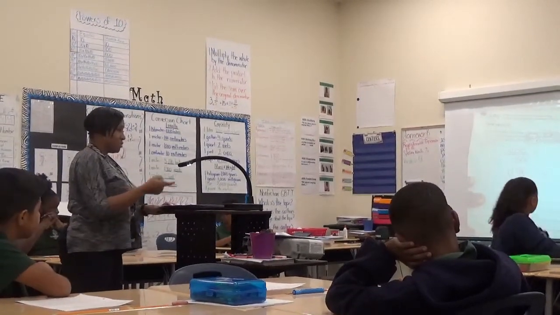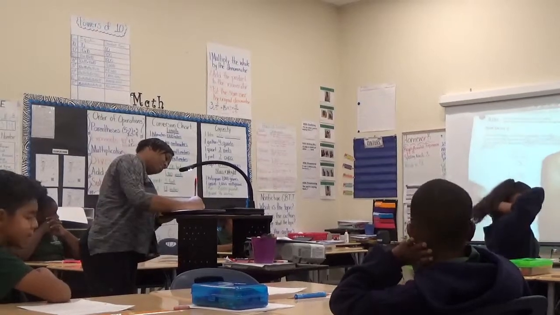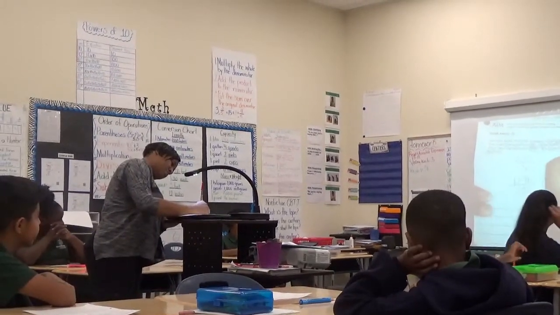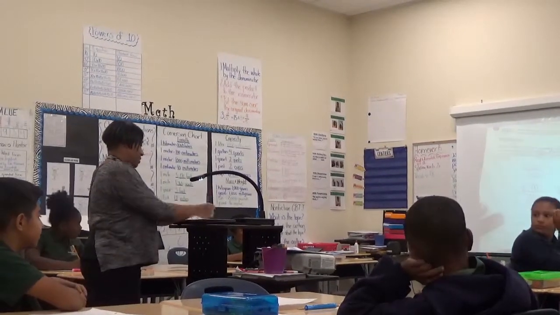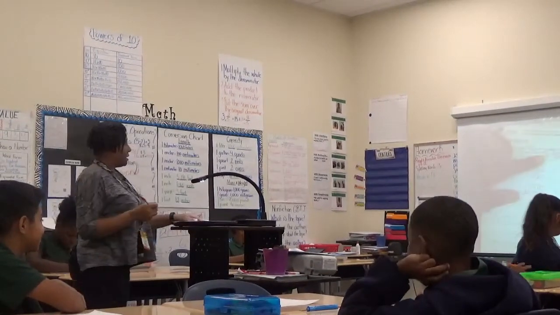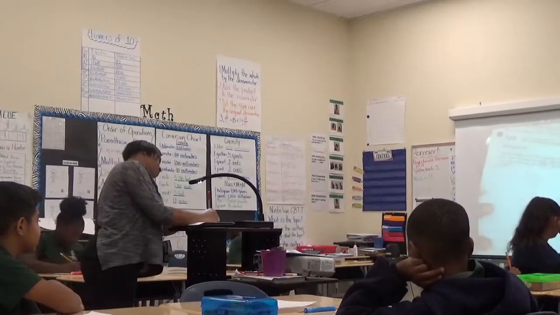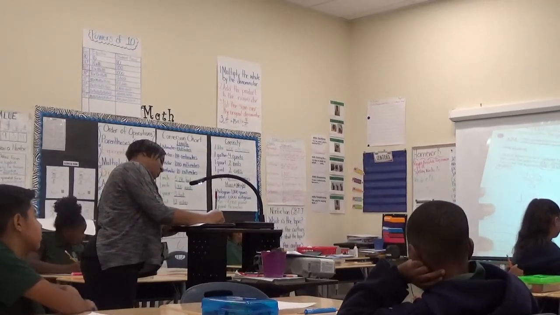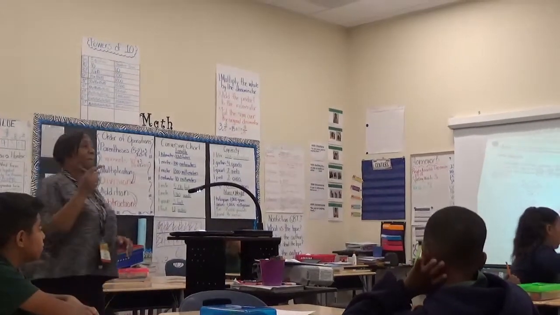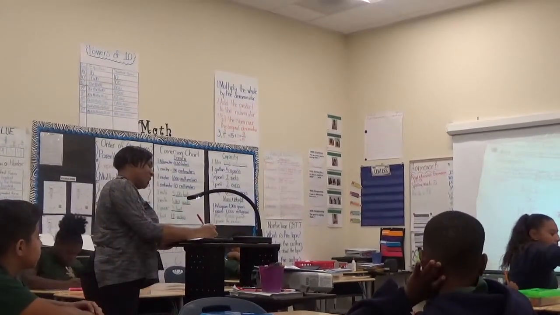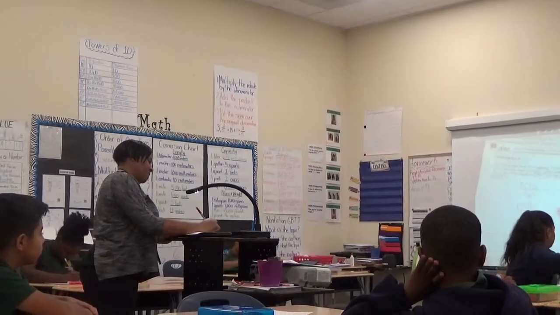So therefore, 240 divided by 30 would equal 80. So if I change this 231 to 240, it is in fact a compatible number because I can easily divide 240 by 30.